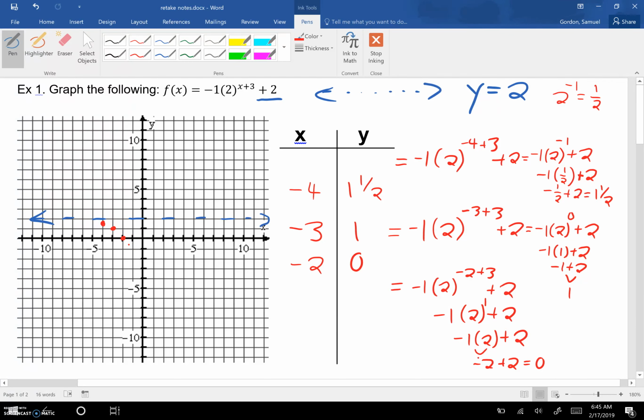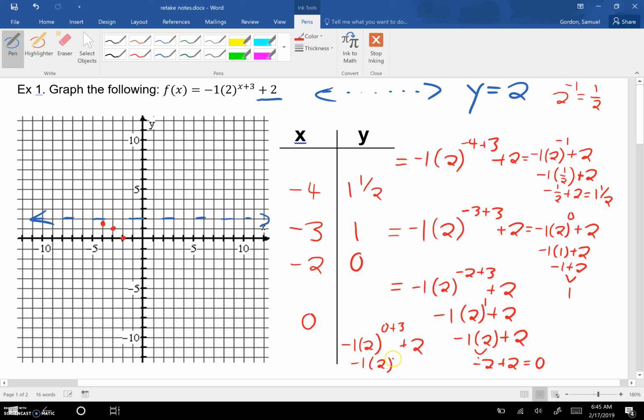Something you can add to make it a little clearer is to figure out what the y value would be if x is 0. That would be negative 1 times 2 to the 0 plus 3, plus 2. If I add those, I get 3.